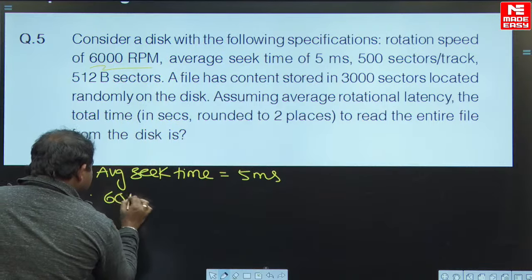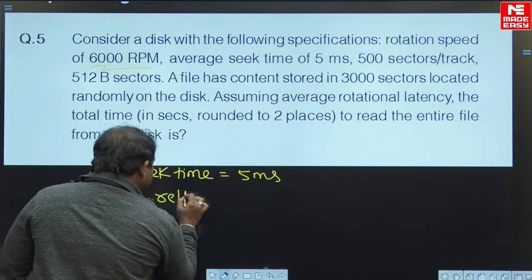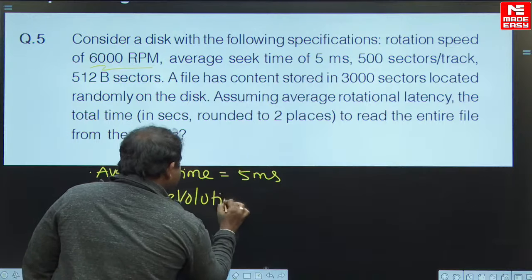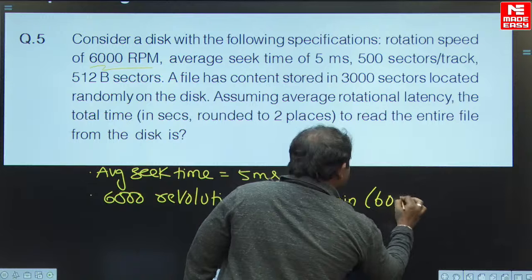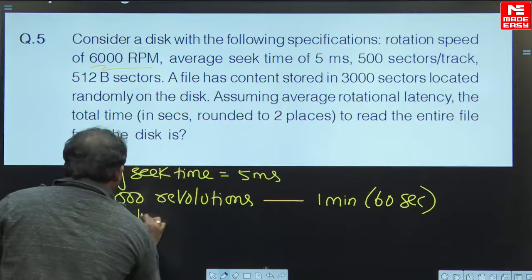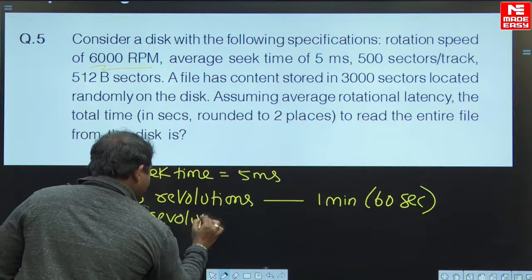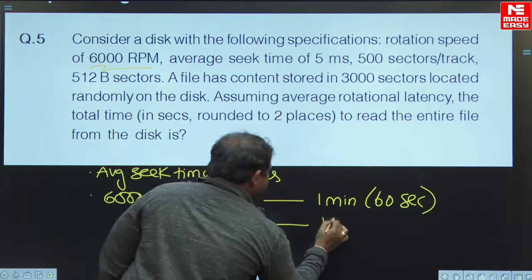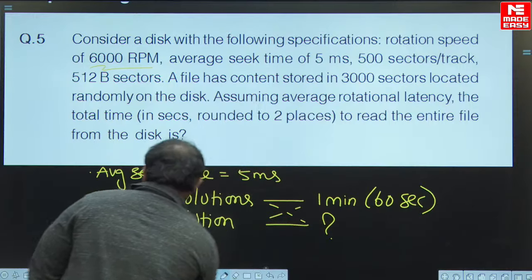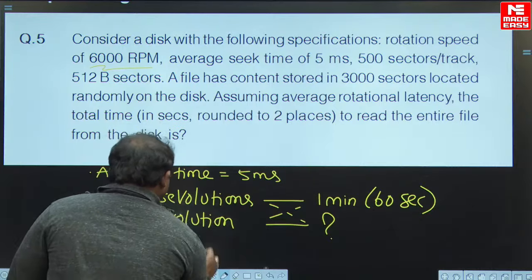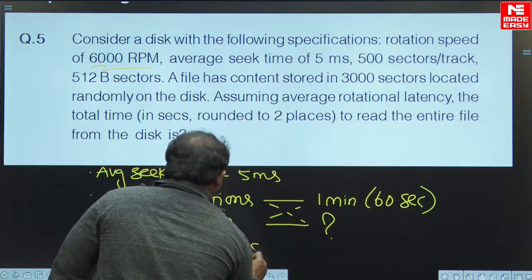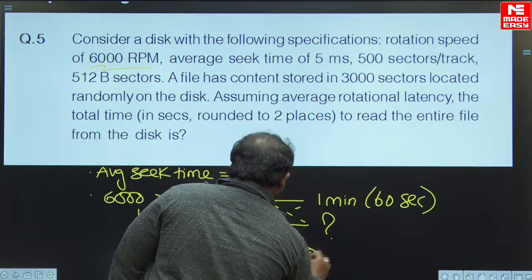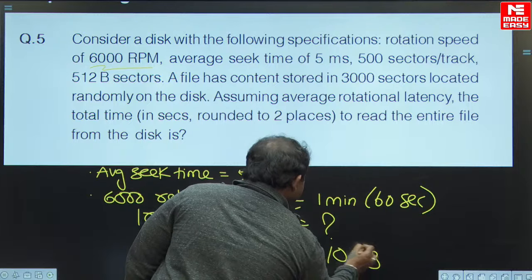So 6000 revolutions take place in 1 minute. Then how much time does one revolution take? Do the calculations. This becomes 60 upon 6000 seconds, that becomes 10 milliseconds, right?